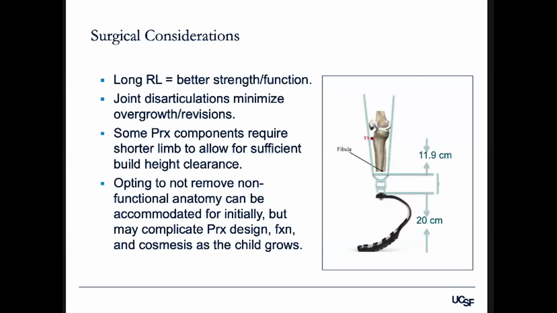Maybe their athletic or activity background will help determine that length. But ultimately, the surgical level and limb length is dictated by the affected limb's joint stability, the bone integrity, and of course, the viability of the soft tissues.